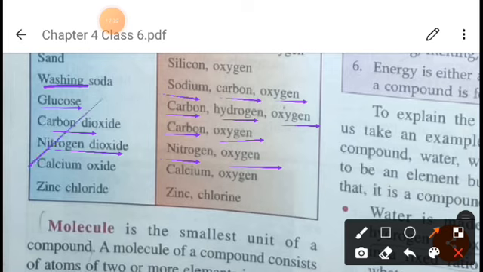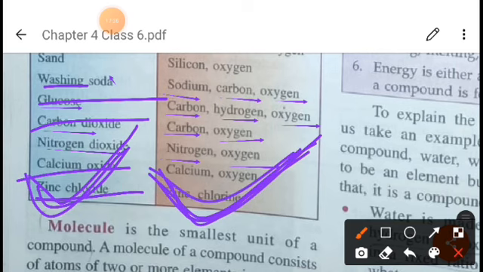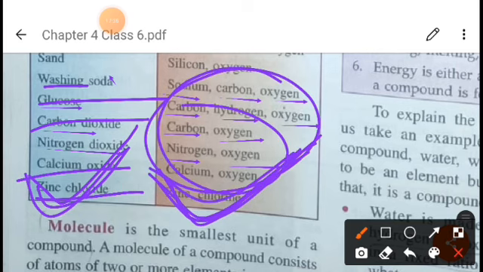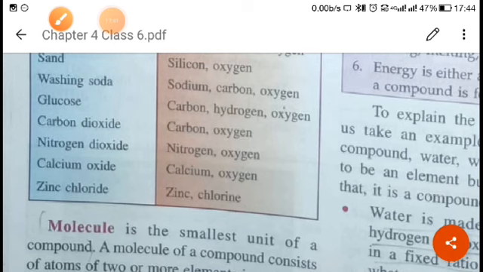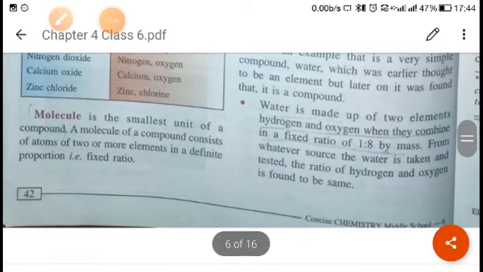So these are compounds, and these are the elements from which these compounds are made. I hope you are clear, right? So this was about the compound. I hope you have understood this.